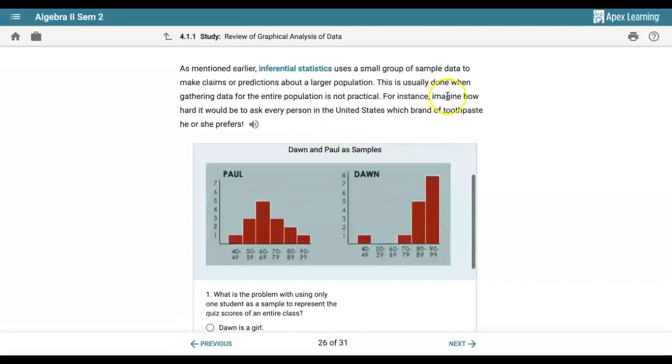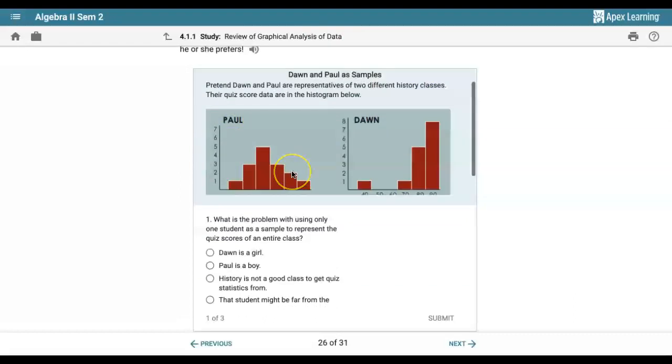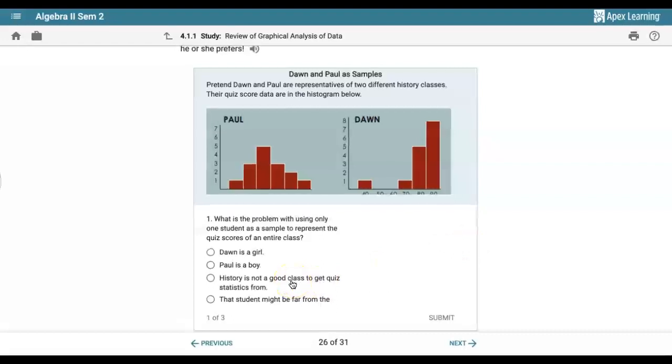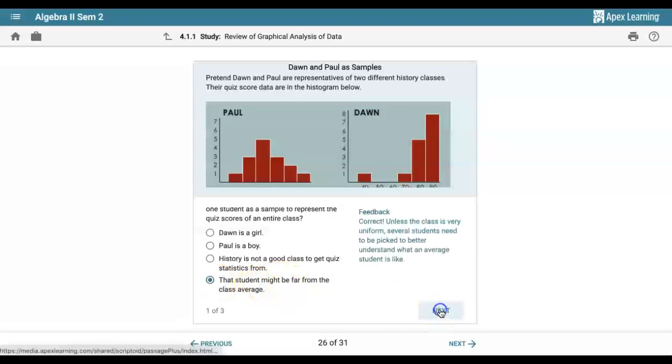And here it says, for instance, imagine how hard it would be to ask every person in the United States what brand of toothpaste. Okay, obviously. But now if we go back to this example here, pretend that Dawn and Paul are representative of two different history classes. Their quiz scores are shown in the histogram below. So what is the problem of using this student to represent an entire class? The problem is that this student's average might be far from the class average.